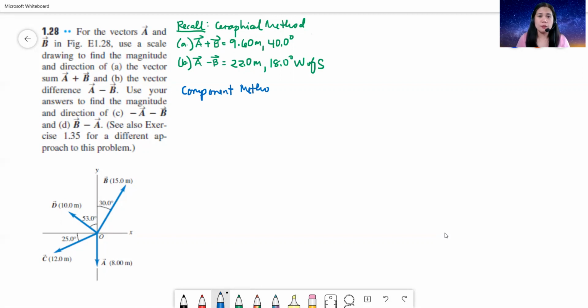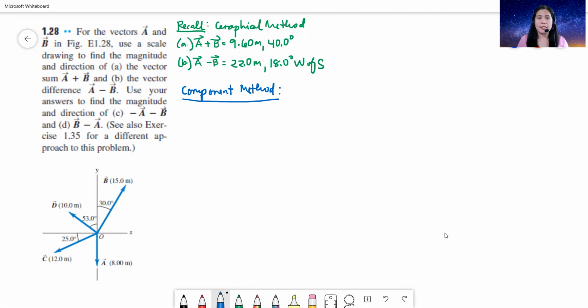So by component method, I hope you've read the textbook and the other learning materials that I gave you. For the component method, we do not need a scale drawing. We just need a roughly estimated drawing. Whether it's scale drawing or rough estimation, the vector addition diagram will always be a head-to-tail drawing.